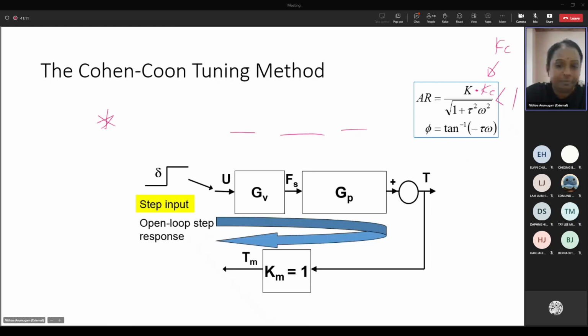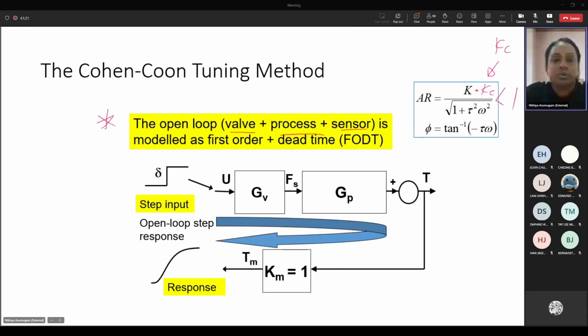We need to express everything in terms of the open loop step response, so we need to reduce the entire block diagram into a single diagram. Now, when it comes to the Cohen-Coon method, the open loop is modeled as first order plus dead time.